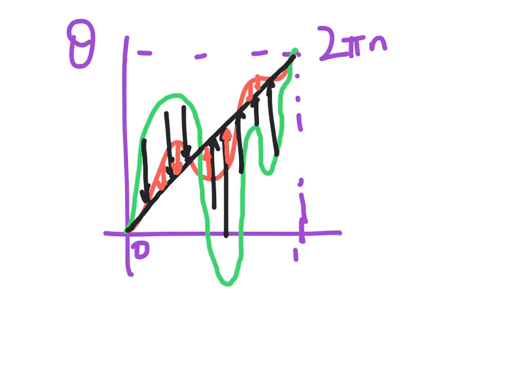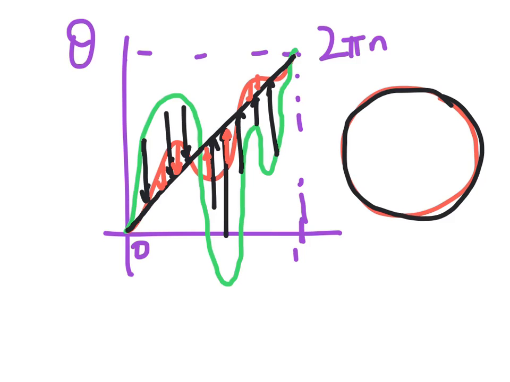If I look at what happens to the loops, the corresponding loops in the circle, sorry, I'll do the circle in black. I don't seem to be able to delete it very easily, so let me just draw over it. Okay, so there's my circle. This red loop is kind of wiggling to and fro, and as I squish it down towards the black loop, those wiggles are just getting smaller and smaller.